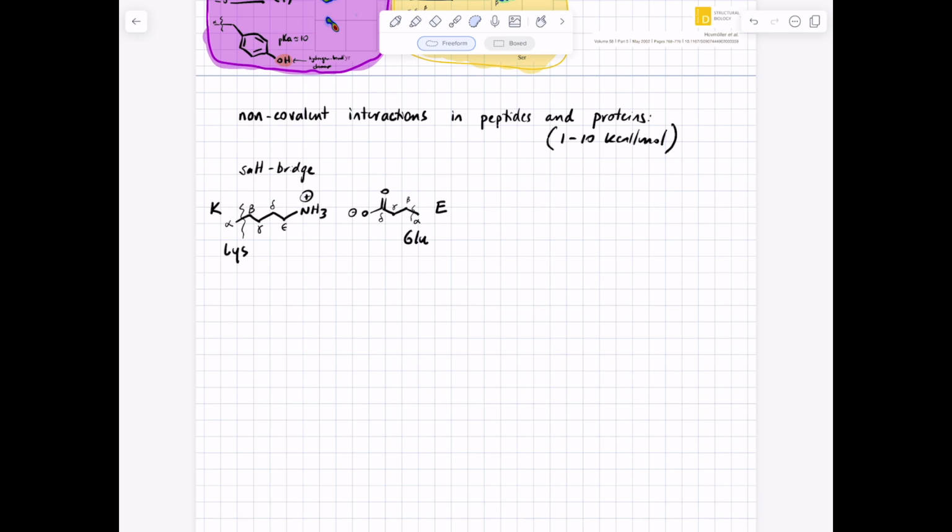Some salt bridges are buried in the interior or are in more hydrophobic environments. When that happens, they actually get quite a bit stronger because they don't have a lot of other alternatives besides interacting with each other. Protein surface salt bridges can interact with water or counter ions. So it's highly context dependent, but mostly on protein surfaces. Others?